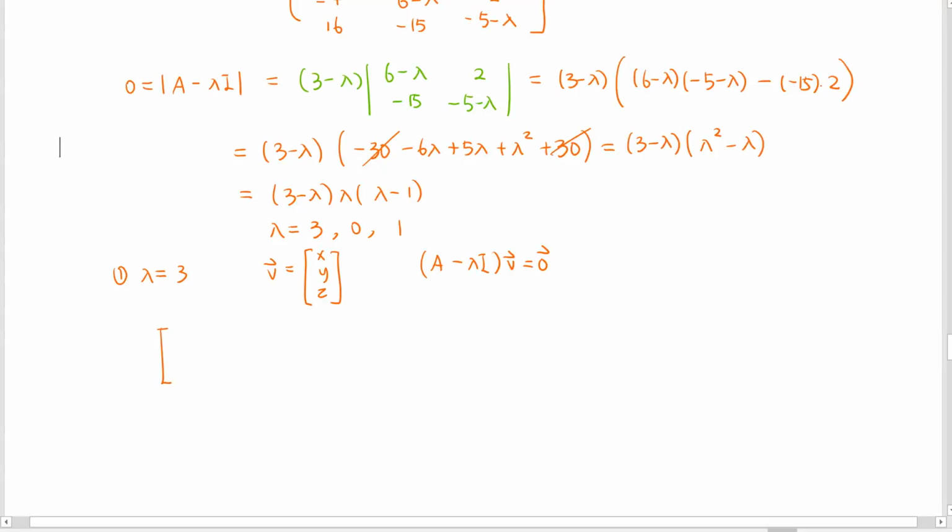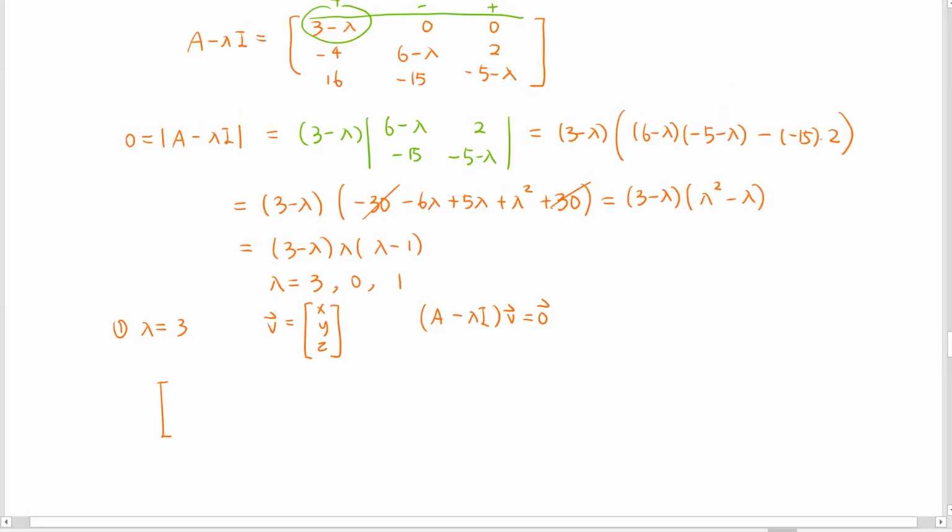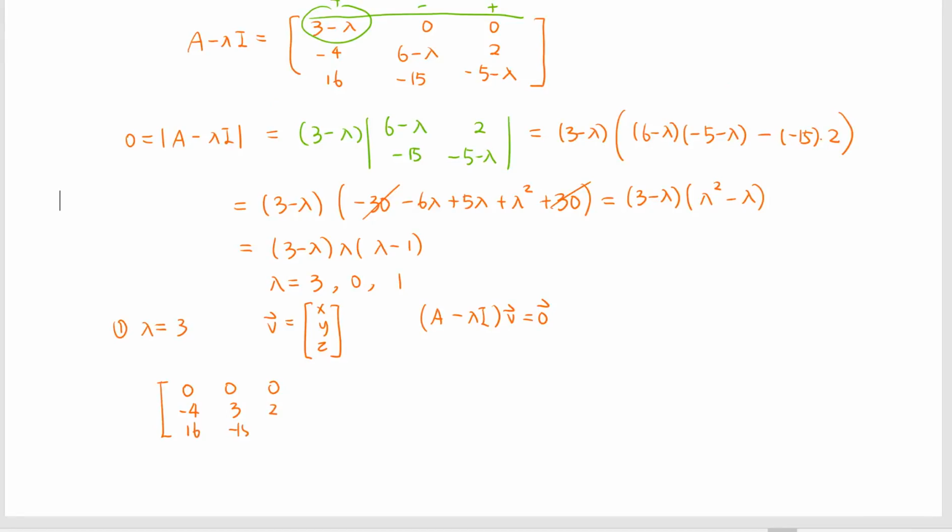A minus lambda: so 3 minus 3, 0. Oh, the first row is zeros. And then negative 4, 6 minus 3, so 3, 2. Then 16, minus 15, and minus 5 minus 3 is minus 8.